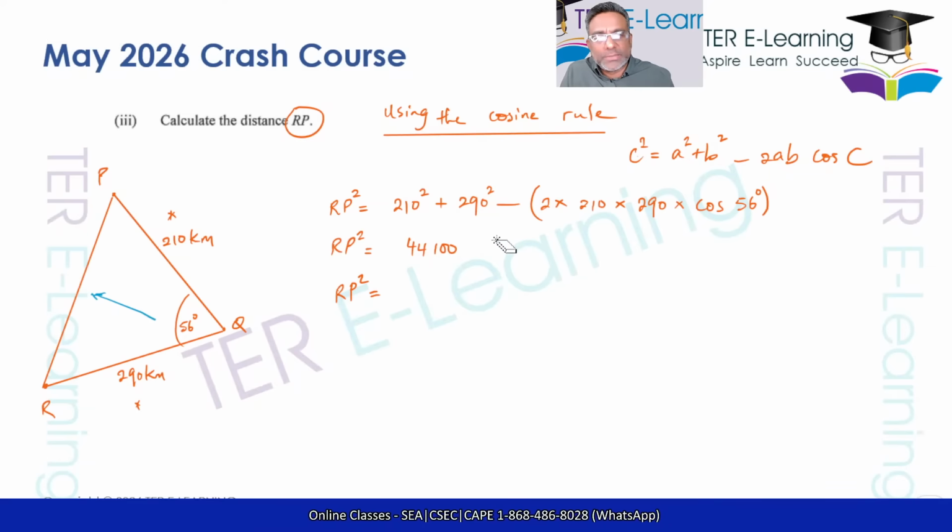I missed out something. I worked out 210 squared, but I still need to work out 290 squared. So this is 84,100 minus 2 by 210 by 290 by cosine 56, which is 68,110.